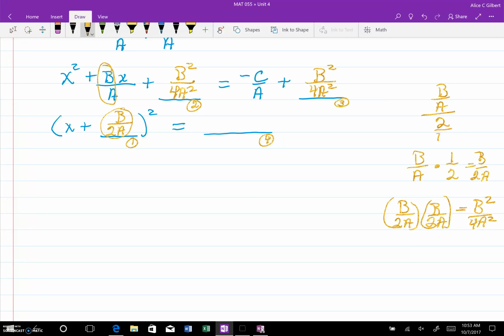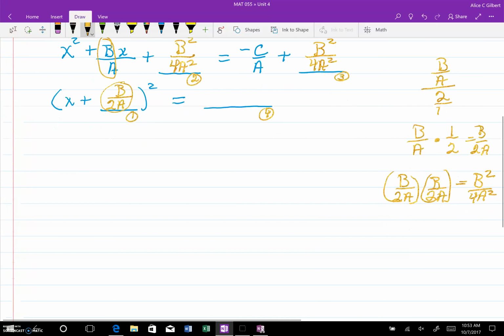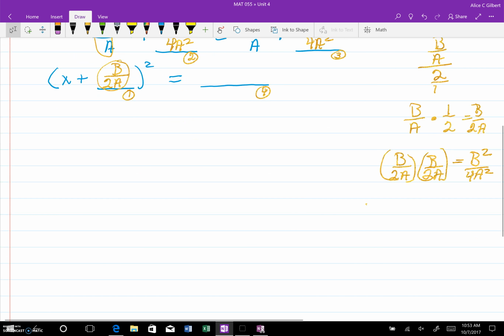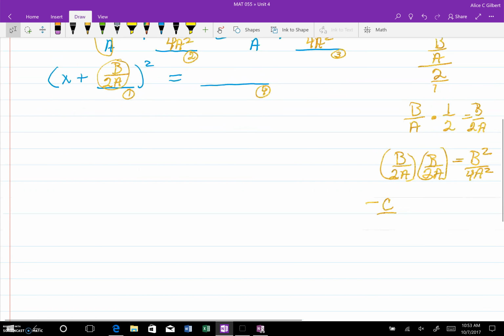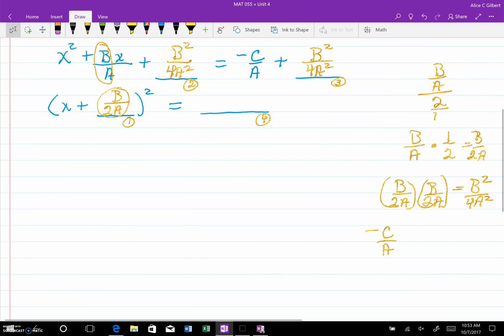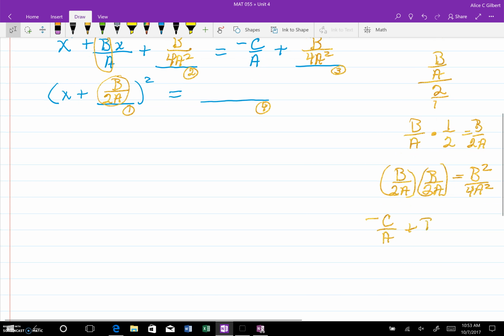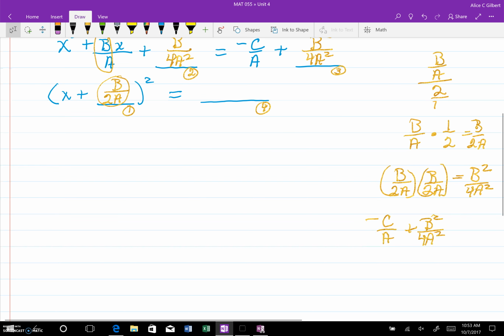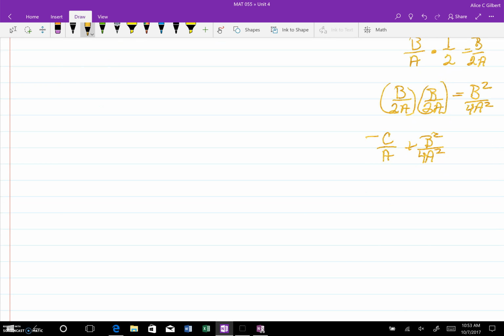Well, now, in order to get the fourth blank, I need to add negative c over a plus b squared over 4a squared. So I need a lowest common denominator, which is going to be a.